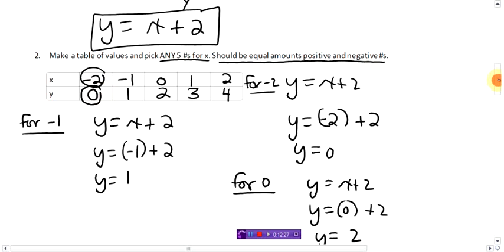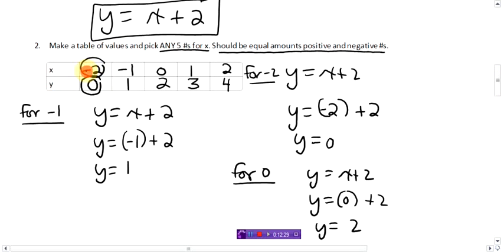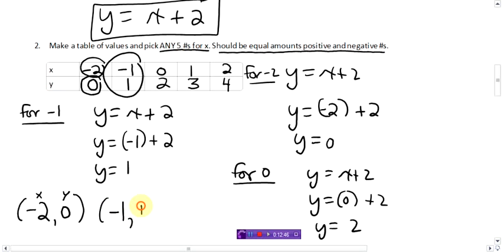Remember from the previous lesson that this point is going to be called negative 2, comma 0. Negative 2 on the x, 0 on the y. That's one point we're going to plot. The next point is going to be negative 1, comma 1.